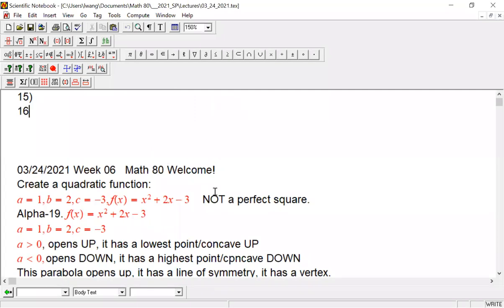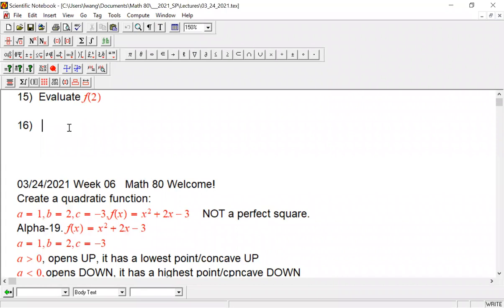We're going to study 15 and 16 together. 15 says evaluate f of 2. 16 says solve the equation f of x equals 2 for x.